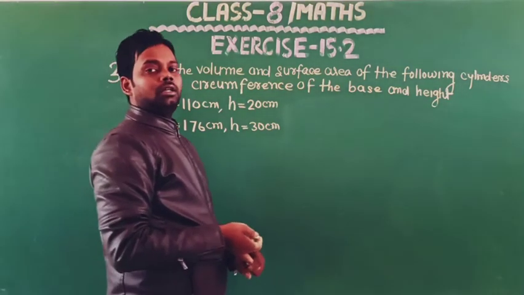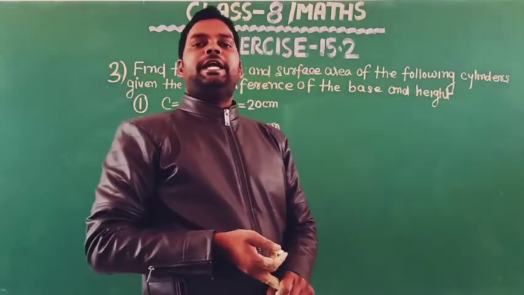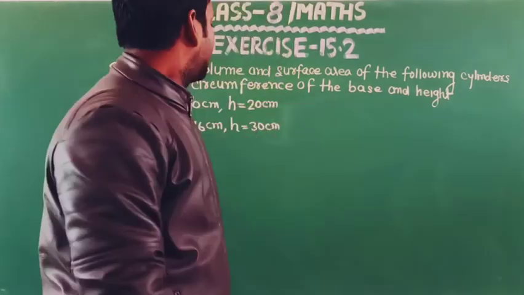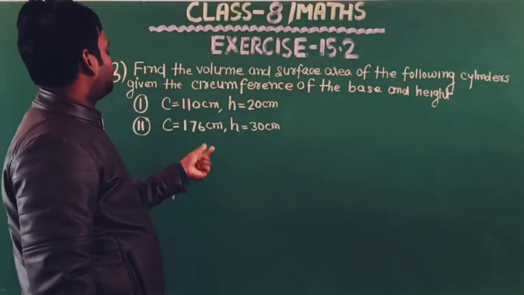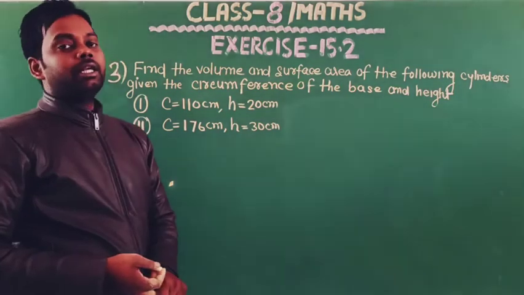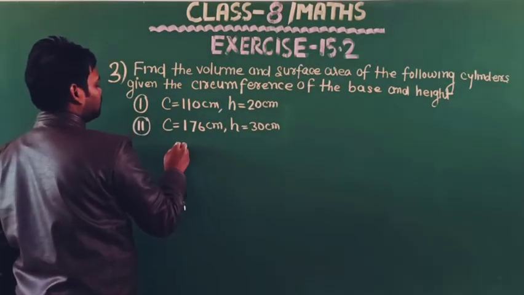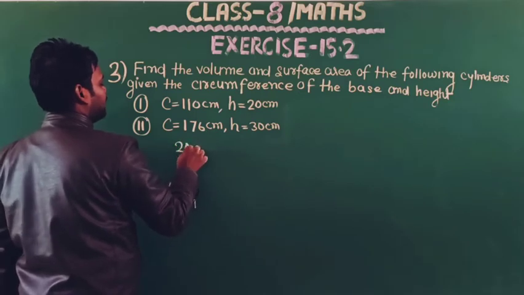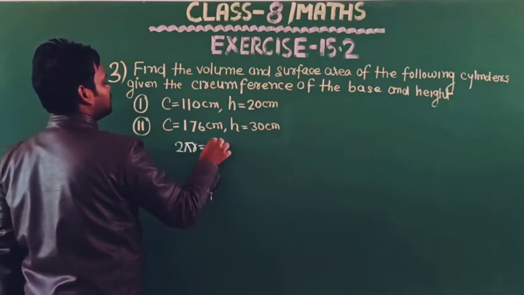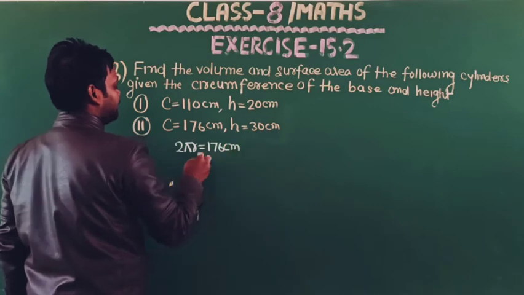Okay, dear children, now move to the second part of question number 3. Circumference is given as 176 centimeter and height equal to 30 centimeter. So given 2 pi r equal to 176 centimeter.